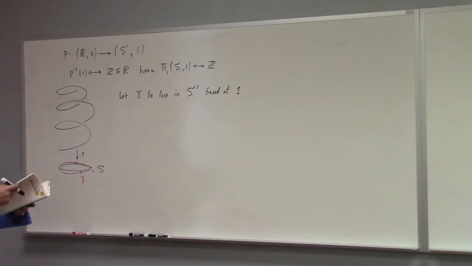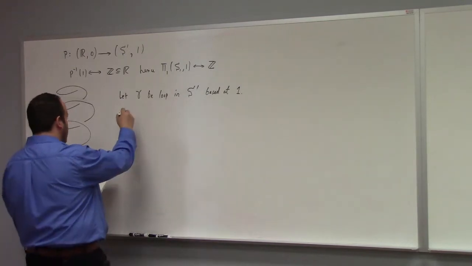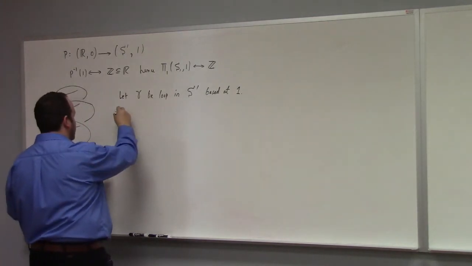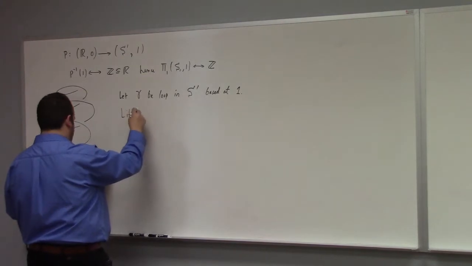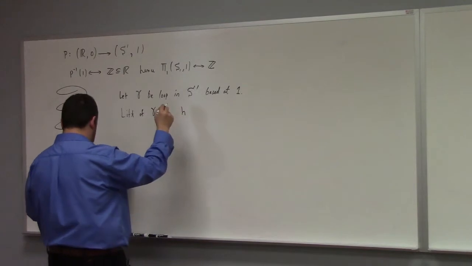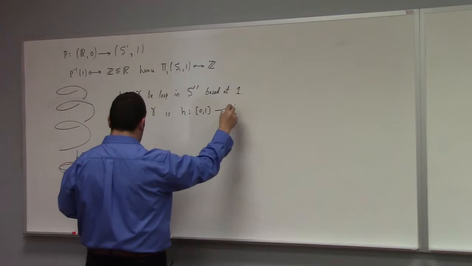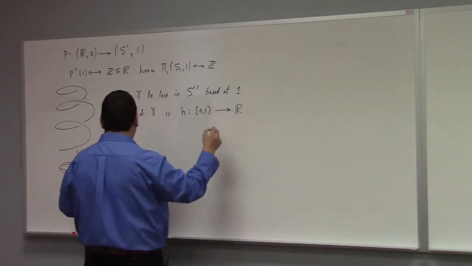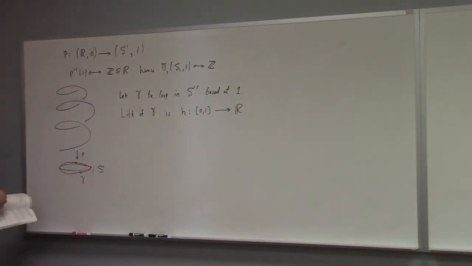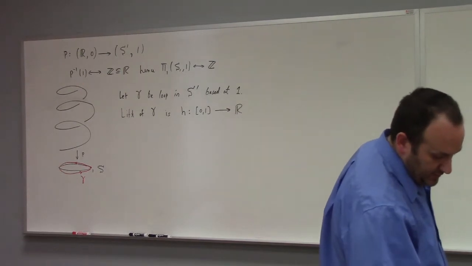Now, he says, consider the lift of gamma. The lift of gamma is H from [0,1] to R, right? So gamma, to finish my picture over here, of course, there's an unpictured domain of gamma at the moment, right?